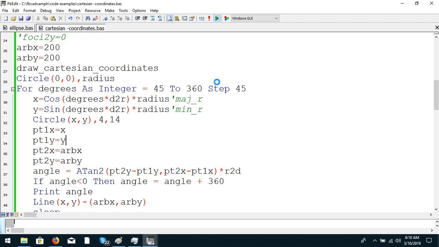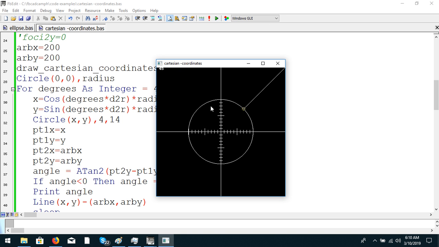Okay, so the angle of the line as it goes from the point on the circle up to the upper right corner, so point 1 and point 2, is 45 degrees. That makes sense. And I'll push space on my keyboard to iterate through the for next loop. The angle of that line is not as steep, it's less.